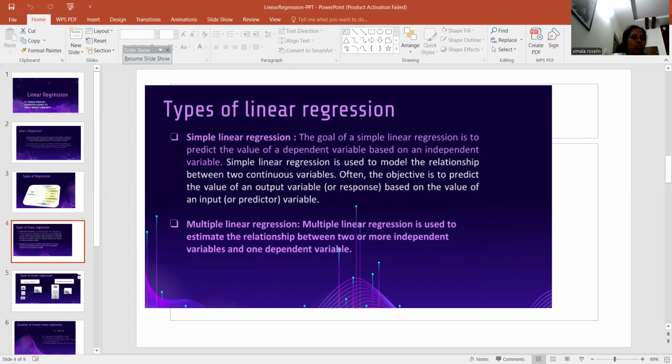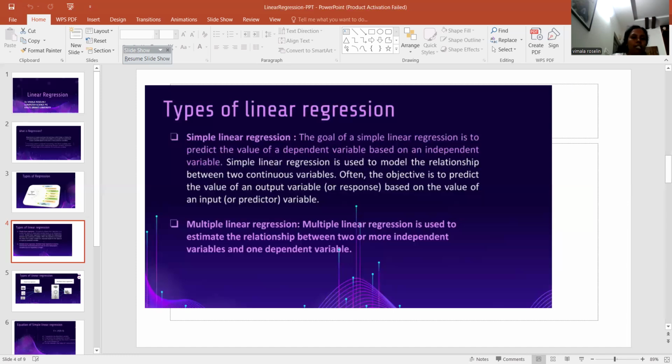The main goal is to predict the values of the output variable or response based on the values of the input variable.